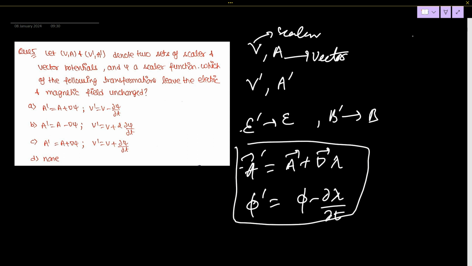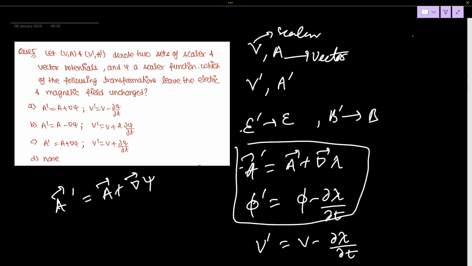Simple question. Only in place of phi there is V, and in place of lambda there is psi. So I can write it again as A dash is equal to A plus del psi, and V dash is equal to V minus del psi by del t. These are the two equations.